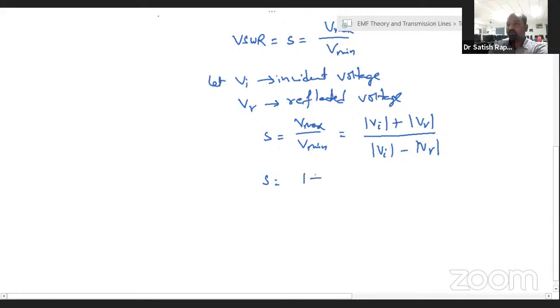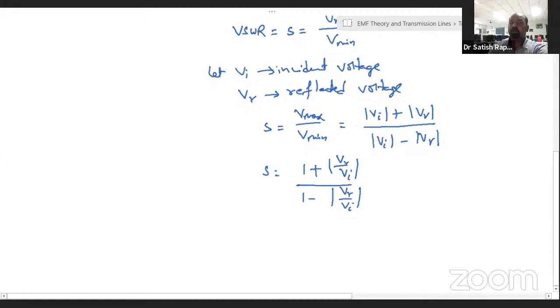If I take Vi common from both the numerator and denominator, what do we get? 1 plus Vr by Vi divided by 1 minus Vr by Vi, so S is equal to 1 plus capital gamma divided by 1 minus capital gamma.